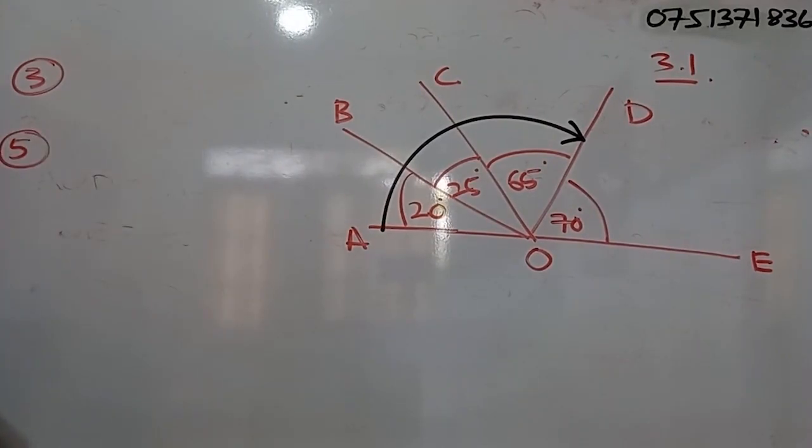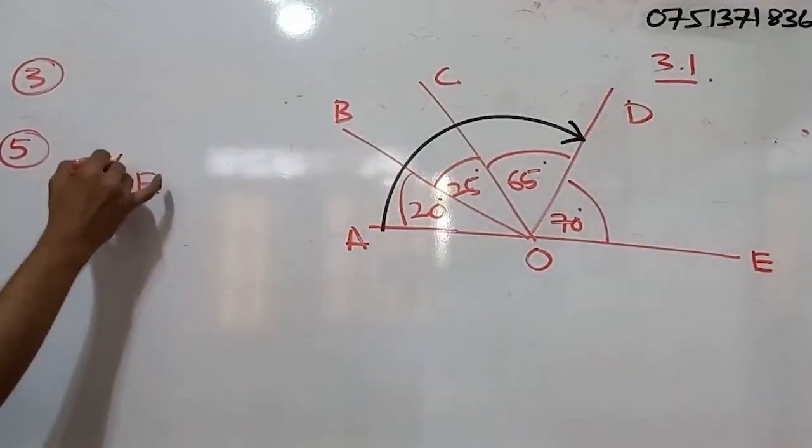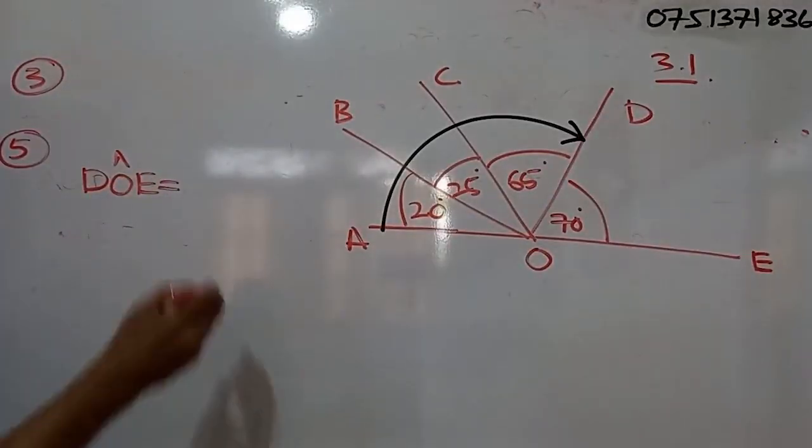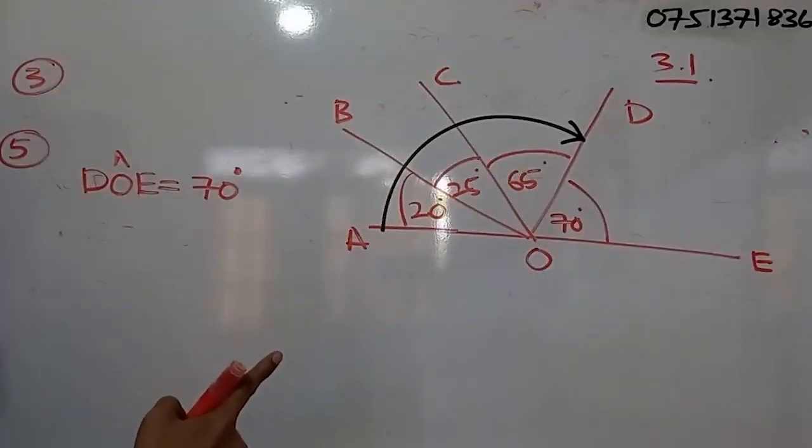Part 5. What is the supplement of DOE? So DOE angle, what is the magnitude? That is 70 degrees. Supplement of DOE, right? So supplement in the sense is what?